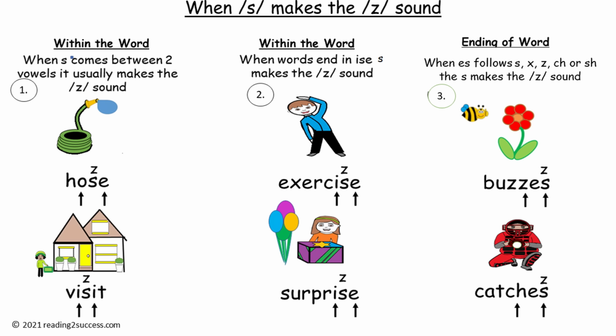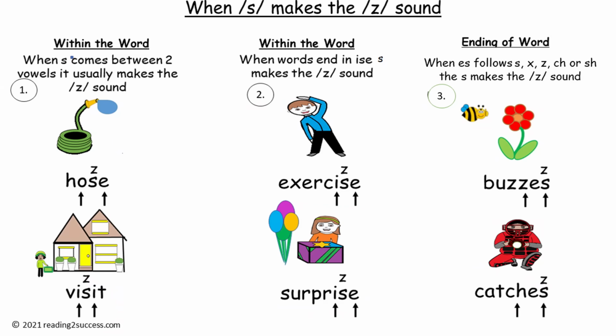Rule 1 occurs when S is within the word and comes between 2 vowels. It usually makes the Z sound. Rule 2 occurs when S is within the word but is part of the 3 letters I-S-E.